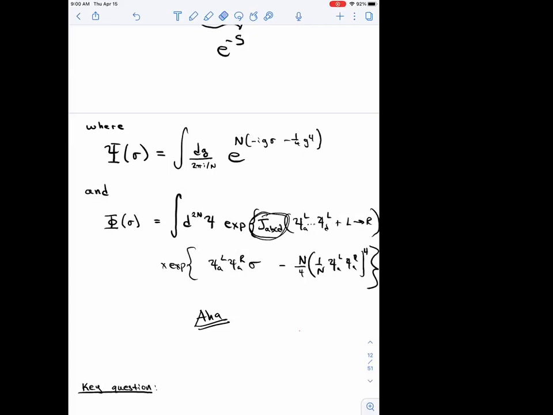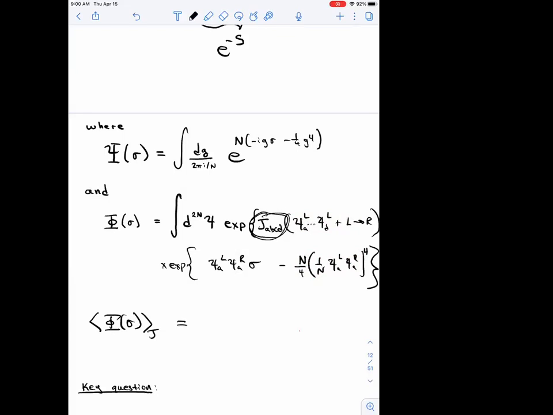So one thing we can say about phi is what happens if we average phi of sigma over the couplings. That's not what we're trying to do right now, but let's just see what you get. If you do average over the couplings, then the average of this term here completely cancels this term here, and you end up with just a quadratic fermion integral.